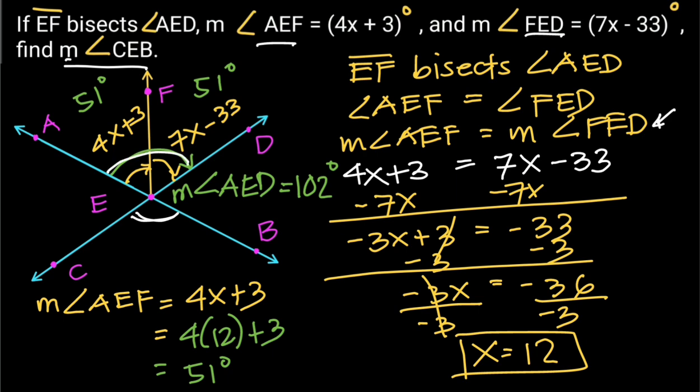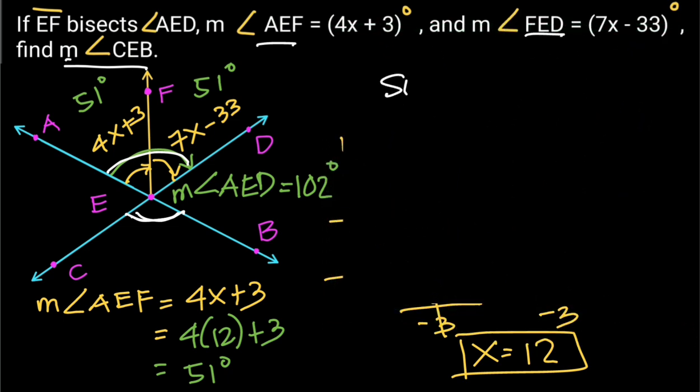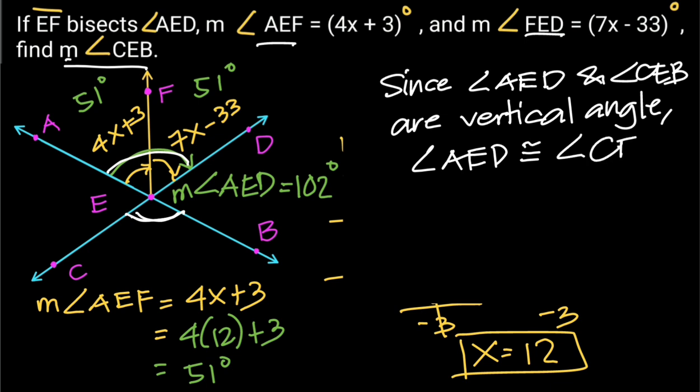Since angle AED and angle CEB are vertical angles, then the measure of angle AED is congruent, or equal, to angle CEB.